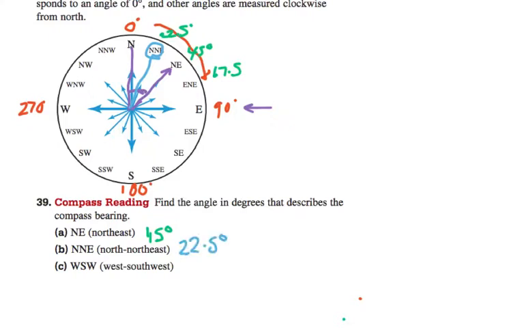And then they want west-southwest. Okay, so that's down here, which means that we'll go all the way to, well, actually, let's think of it this way, 270, but take away one of those spaces, so take away a 22.5. So 270 degrees, but then a little bit less of 22.5, meaning you have 247.5 degrees.